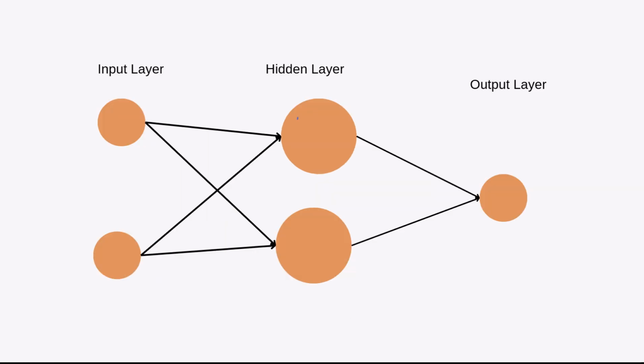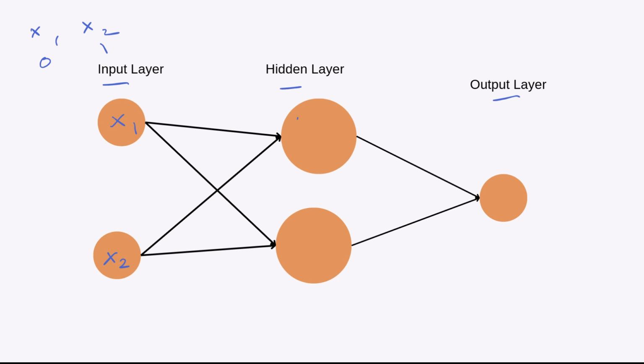Now let's see how we can process XOR in a neural network. It is no more a single neuron. There are multiple neurons and there are different layers also. As you can see here, input layer, hidden layer, and output layer. Let's add the inputs x1 and x2. So x1 and x2 can be 0 1, 1 0, 0 0, and 1 1.